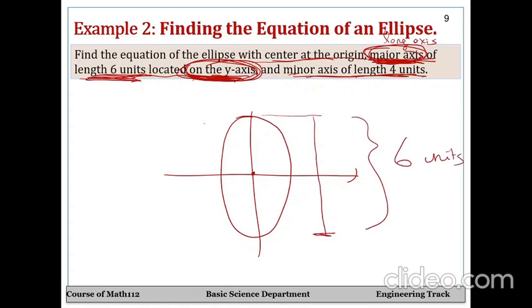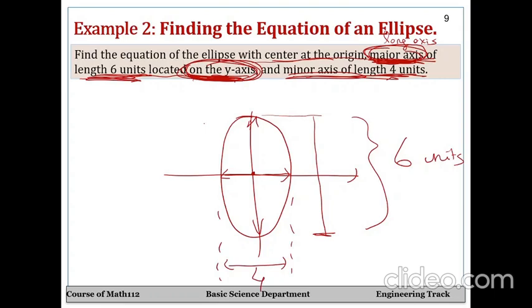And the minor axis of length 4 units means the length from here to here is 4 units, and here to here is 6.